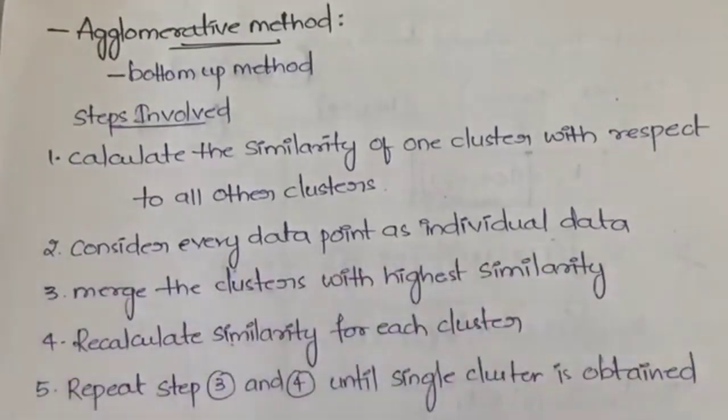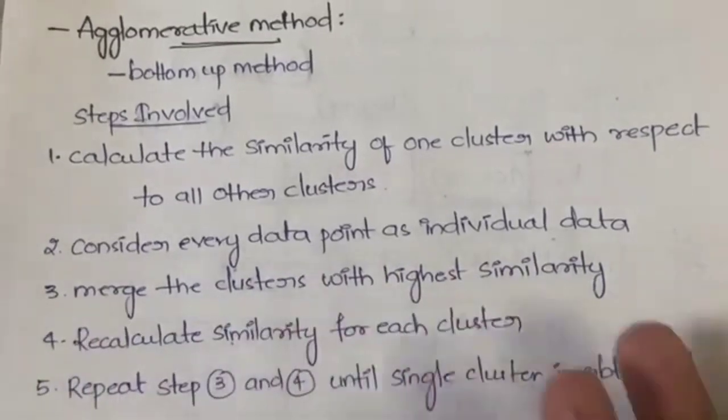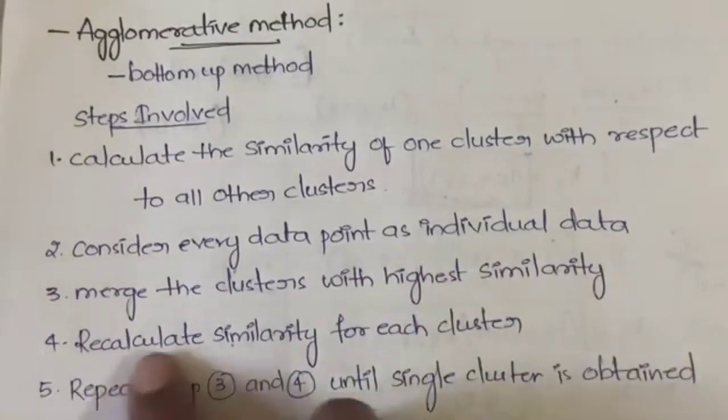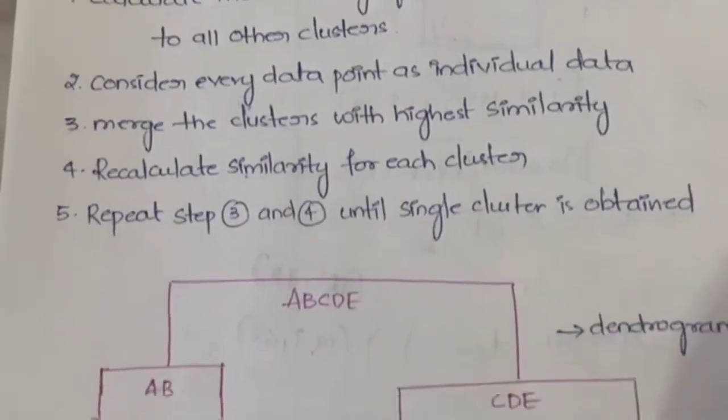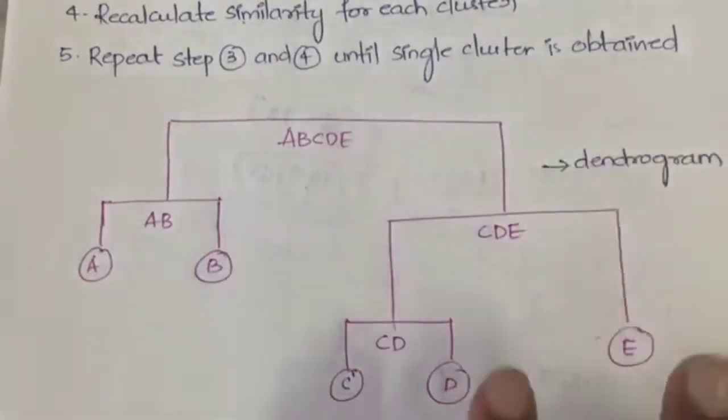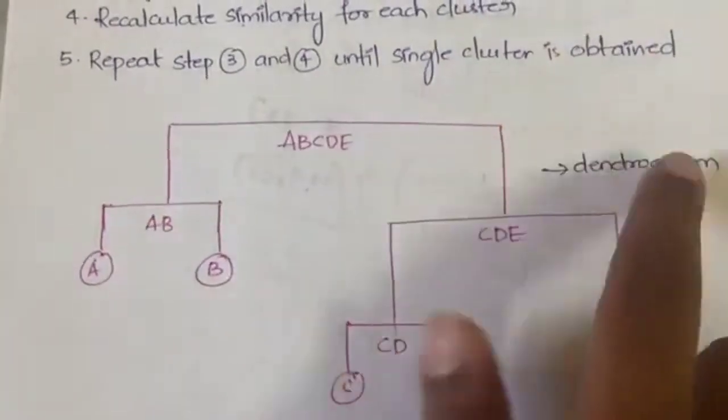Consider every data point as an individual cluster. Merge the clusters with the highest similarity. Recalculate similarities for each cluster. Now repeat steps 3 and 4 until a single cluster is obtained.